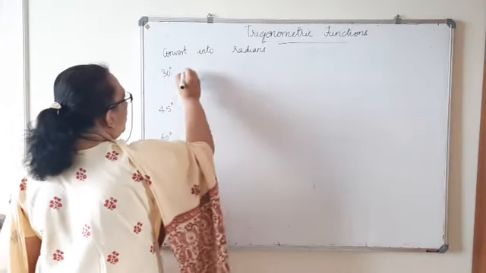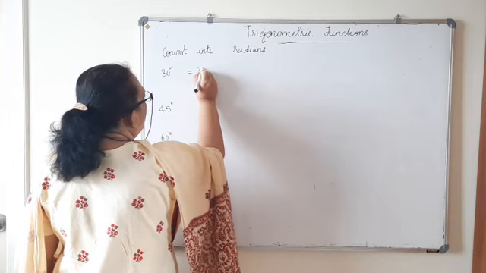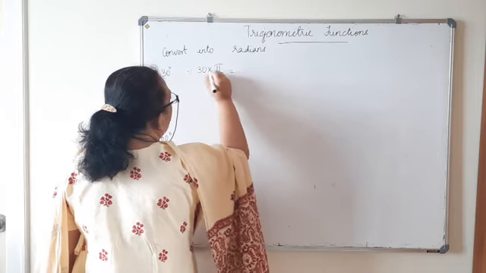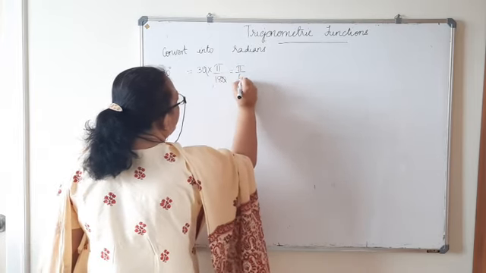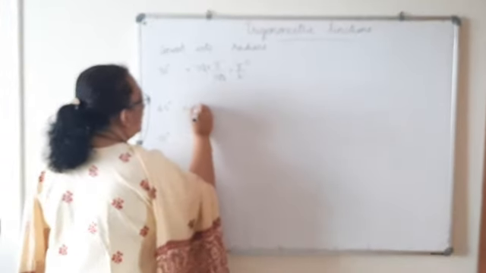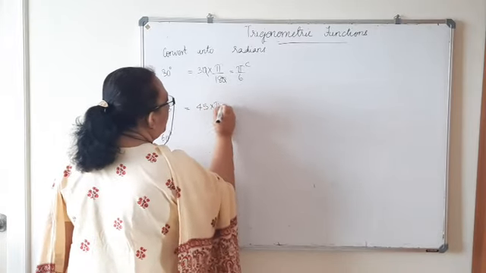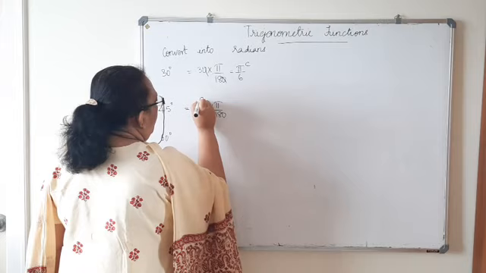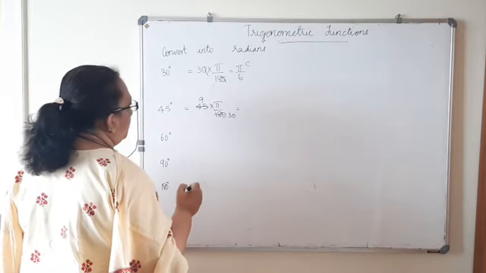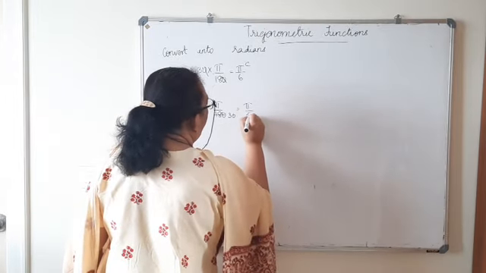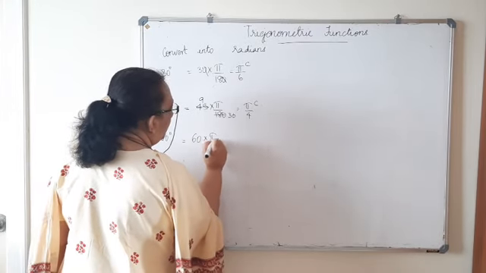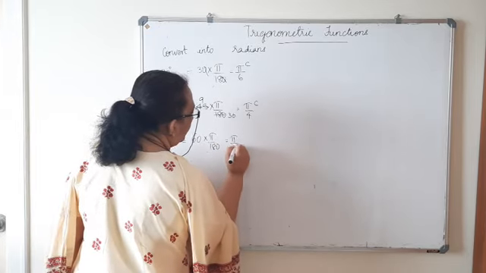So what did I say? If you want to convert it into radians, it is equal to 30 into pi by 180, which cancels to pi by 6 radians. 45 degrees is equal to 45 into pi by 180, which is pi by 4 radians. 60 degrees is equal to 60 into pi by 180, which is pi by 3 radians.